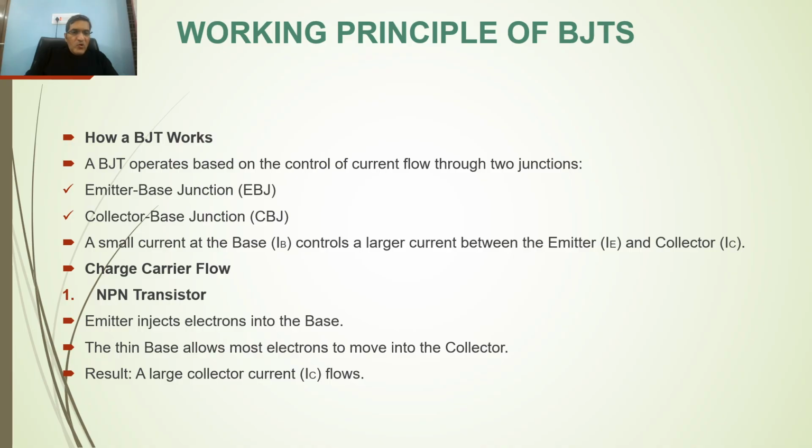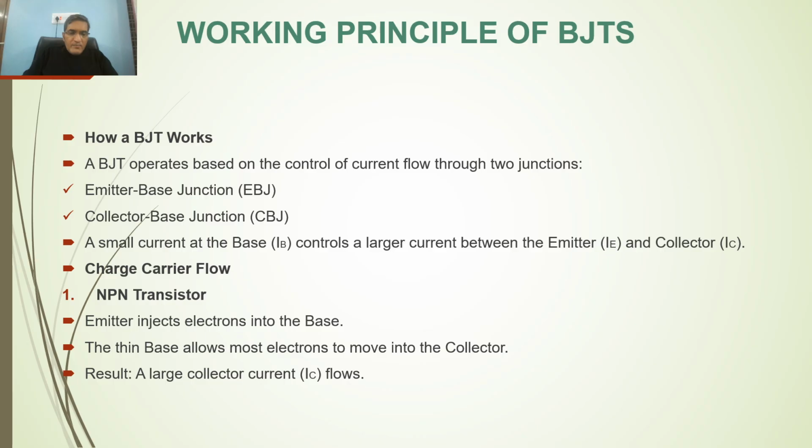Charge carrier flow: as we know, in an NPN transistor, the emitter injects electrons into the base. The thin base allows most electrons to move into the collector. Why? As we know, the base is lightly doped, so its conductivity is low, and for most of the electrons or holes which enter from the emitter, the recombination rate is very low, and almost 95% to 98% move towards the collector region.